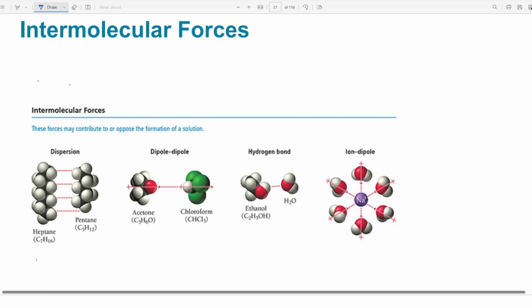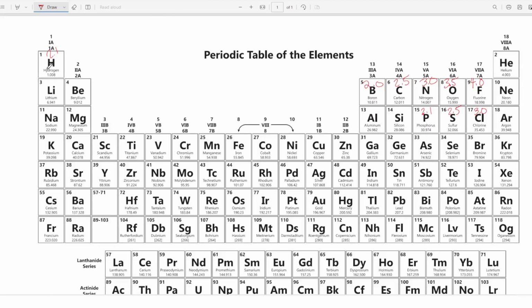First, we have van der Waals interactions, or London dispersion forces, and this interaction exists in molecules containing mainly carbon-hydrogen bonds. If you consider the electronegativity difference between carbon and hydrogen, we see here that hydrogen is 2.1 and carbon is 2.5.